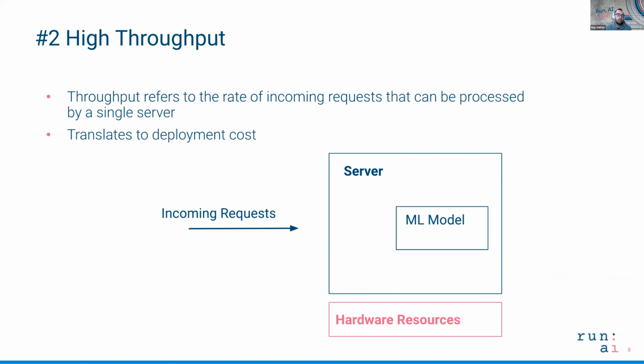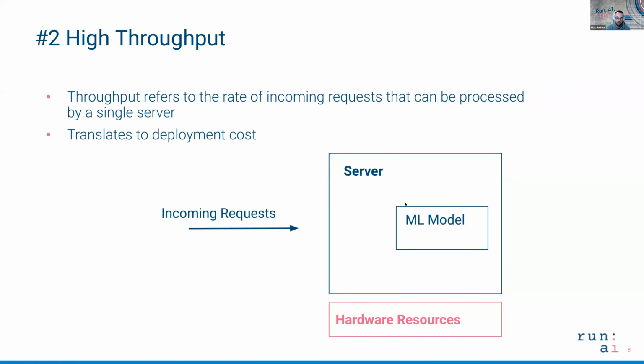Another requirement is high throughput. Throughput refers to the rate of incoming requests and how they can be processed by a single server. Again, imagine we have a web server hosting our machine learning model, running on hardware resources with an associated cost. The throughput measures the rate of incoming requests that can be processed by a single server.